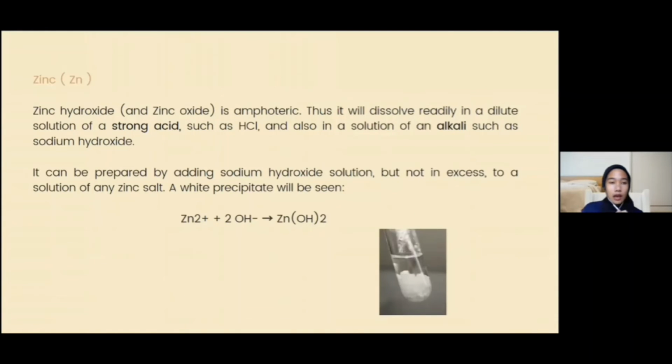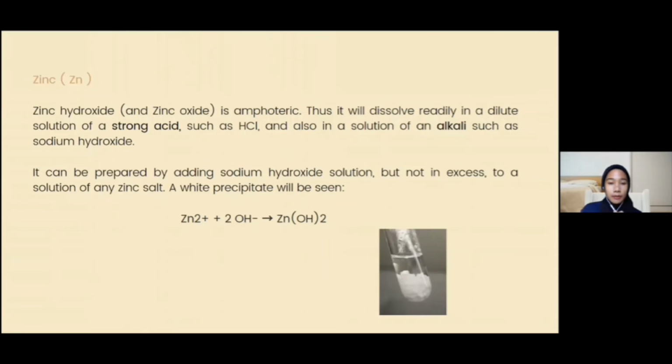Next, we have zinc. Zinc hydroxide and zinc oxide are amphoteric. As we know, amphoteric means it can be a base or an acid. Thus, it will dissolve readily in a dilute solution of a strong acid, such as hydrochloric acid, and also in a solution of an alkali, such as sodium hydroxide.